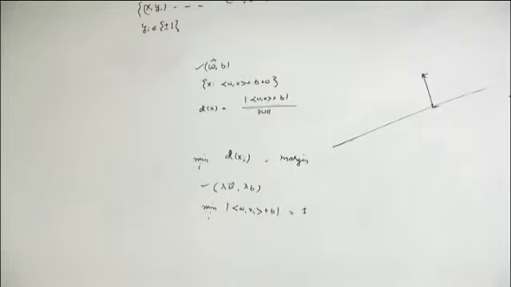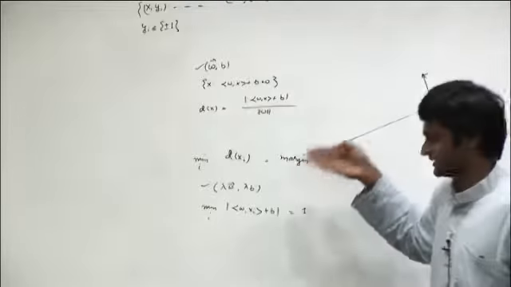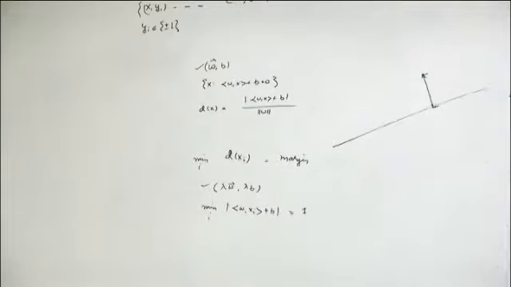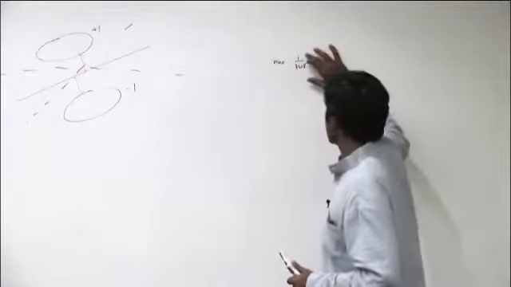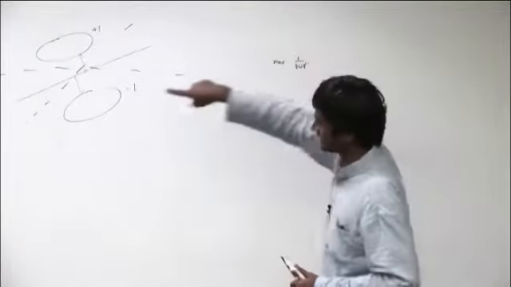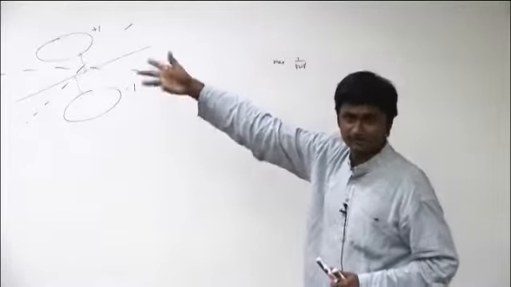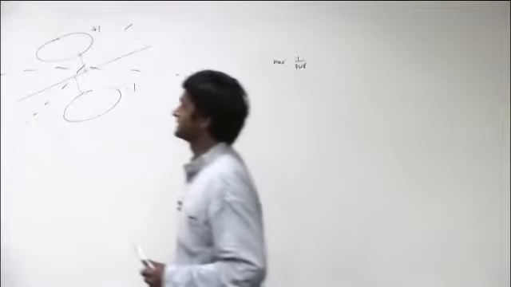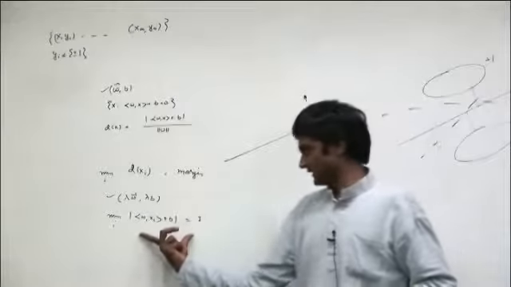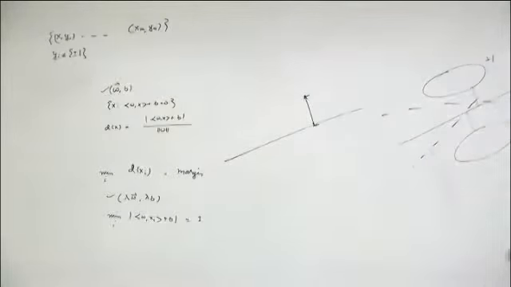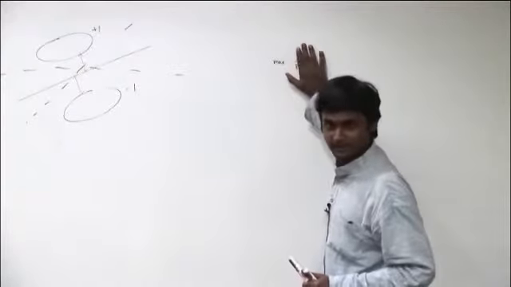Maximizing 1 over norm of w is equivalent to maximizing the margin, because the margin is defined by w dot xi plus b over the norm of w, but we know that w dot xi plus b always satisfies this constraint. So equivalently I can simply do this.